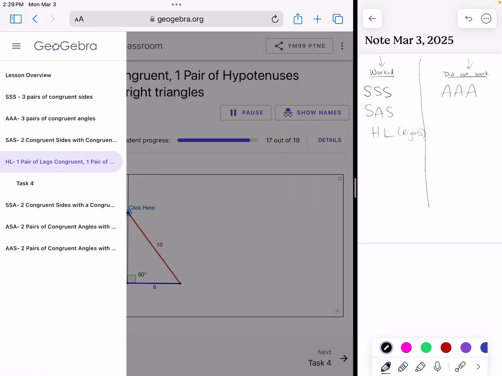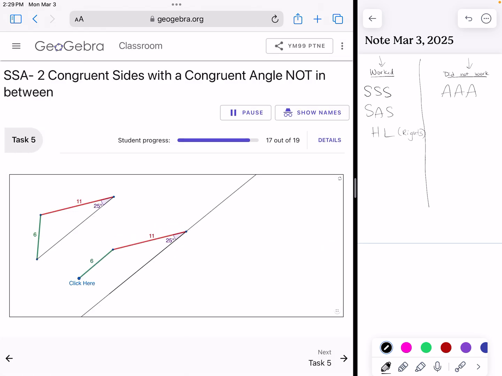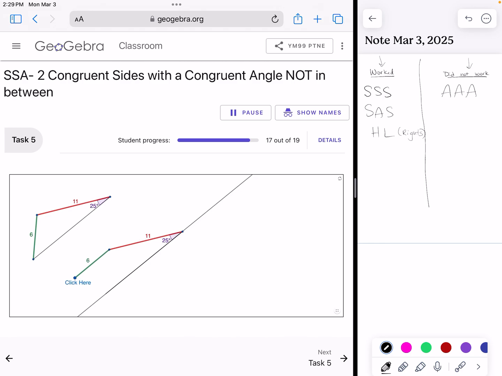We have a few left. So let's try side, side, angle. Notice what it spells backwards, might be something to think about. If I have a side, and then an angle, notice that order matters. The angle before was in between, but this one is after. So side, side, angle. Can I get a different triangle?